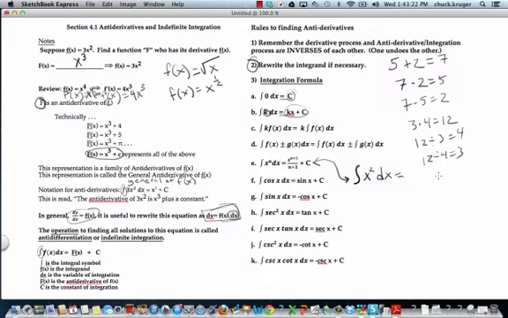First thing I write down is my plus c, so I don't forget that. And then, since I have a squared term here, I know I'm going to have a cubed term. Now, if I take the derivative of this, I get 3x squared. But I don't have 3x squared. I have just x squared. So what do I need out front here that when I multiply it by 3, I get a 1? Well, that number is going to be 1/3 x cubed.